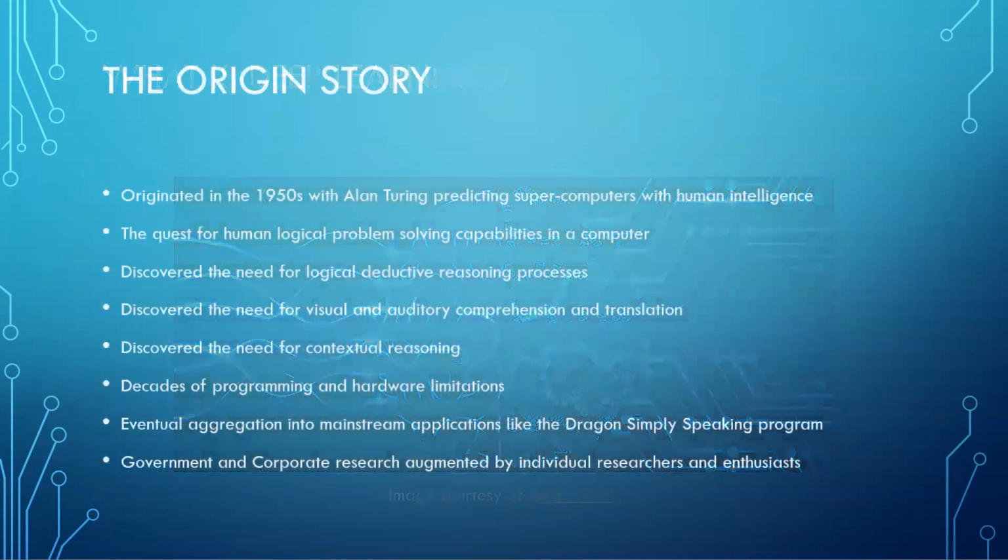Starting in the 1950s, Alan Turing predicted supercomputers with human intelligence and logical problem-solving capabilities similar to human beings. Since then, several innovators and scientists have worked, together and individually, over the course of decades, to develop the computerized functions necessary to make it happen. Newell, Shaw, and Simon developed the components for logical decision-making in 1956.